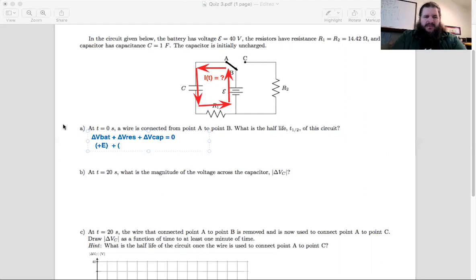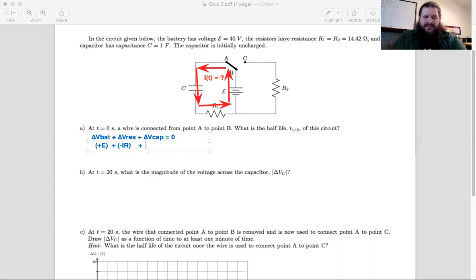For any resistor, what's the delta voltage formula? Negative IR. So we can always fill in a negative IR for the resistor.